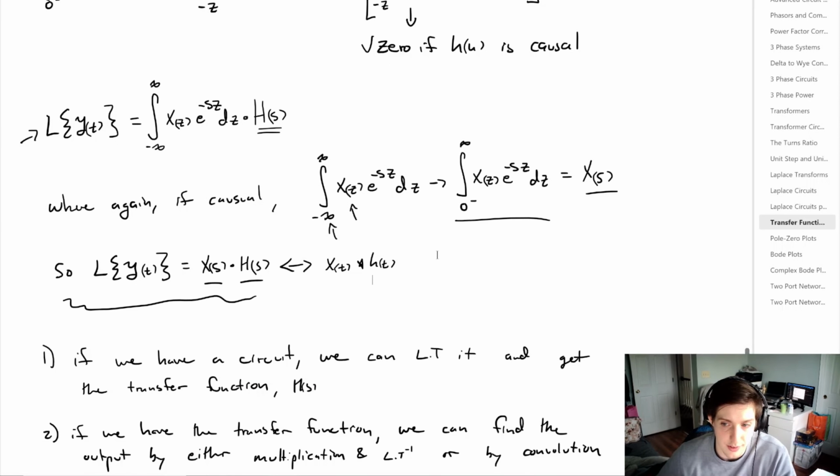And from this, there's two takeaways. One, if we have a circuit, we can Laplace transform it and get the transfer function, capital H, in the S domain, and we can find the input and output relations that way.